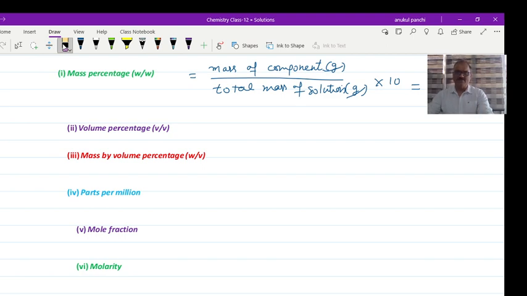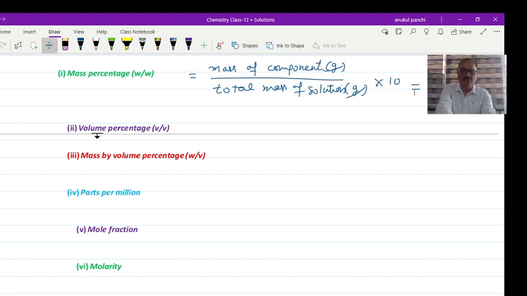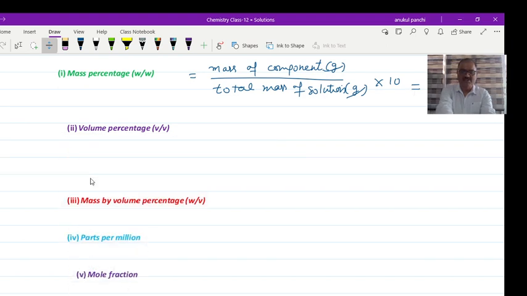Now let us first discuss the second method of expressing concentration, that is volume percentage. Can I ask you when to use this method, volume percentage? Can you guess when we have to use this method?